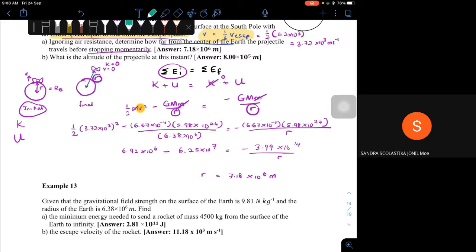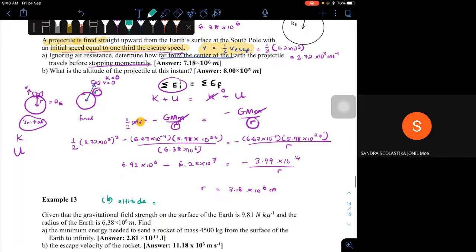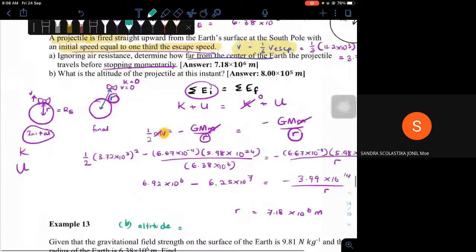Yes, correct. So now we want to know the altitude. R is H plus the radius of Earth. So to find the altitude H, R equals H plus RE.